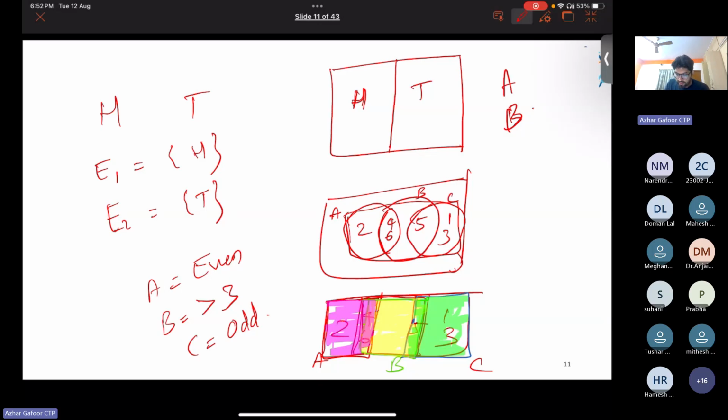Now let's take A and C. A has elements 2, 4, 6. Then C has elements 1, 3, 5. Now if we combine A and C, we get the entire sample space.